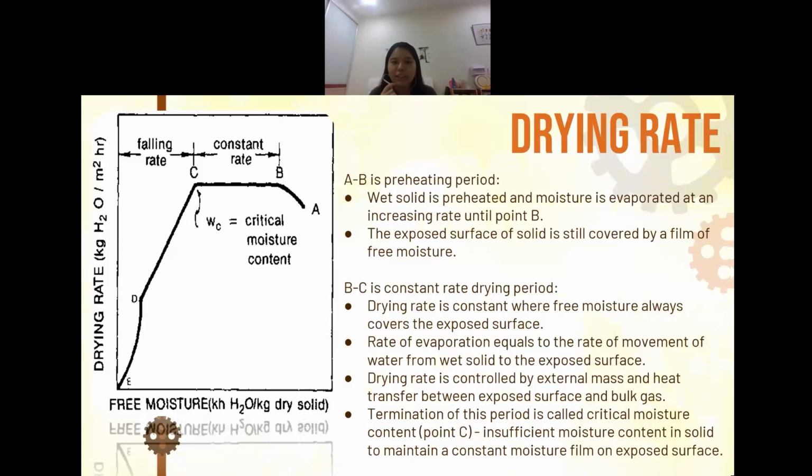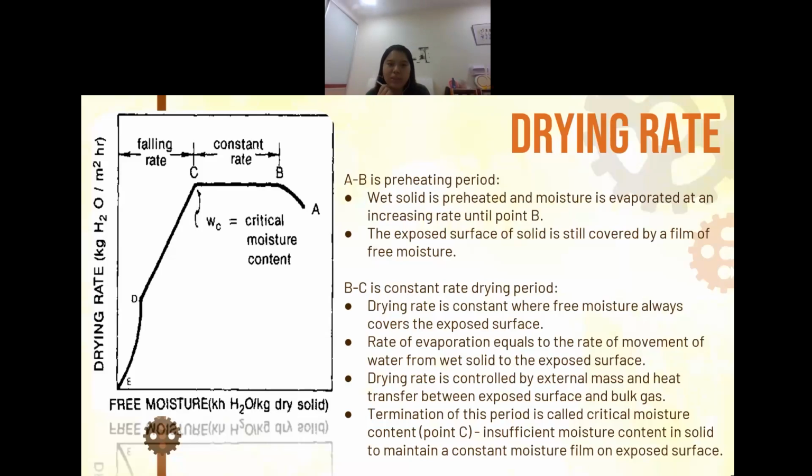The drying rate is constant where free moisture always covers the exposed surface. The rate of evaporation equals the rate of movement of water from the wet solid to the exposed surface. The drying rate is controlled by the external mass and heat transfer between the exposed surface and bulk gas.